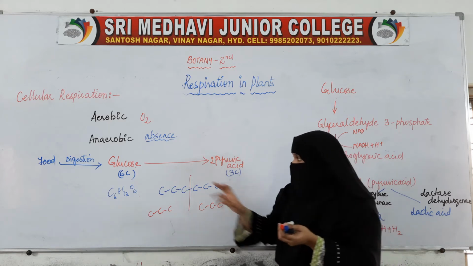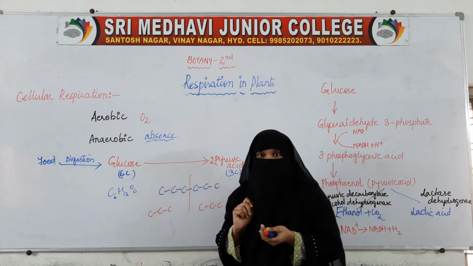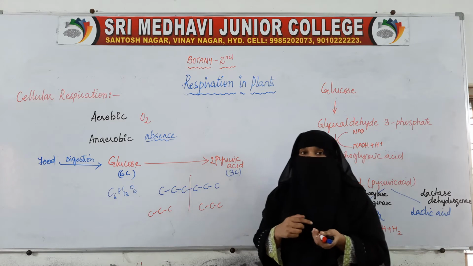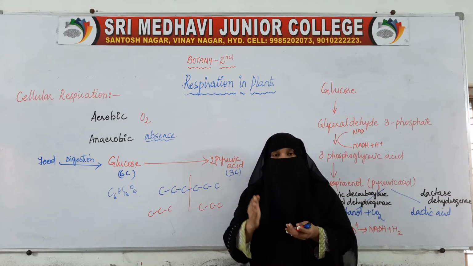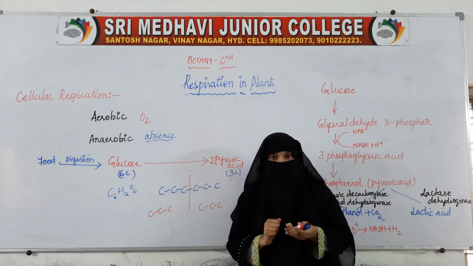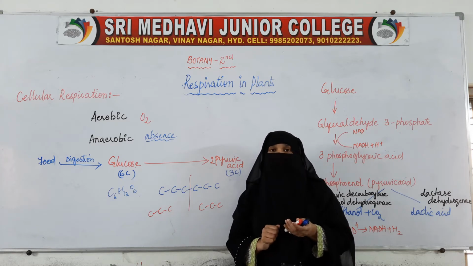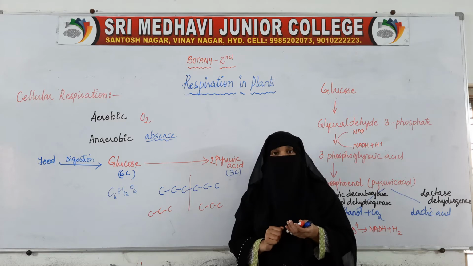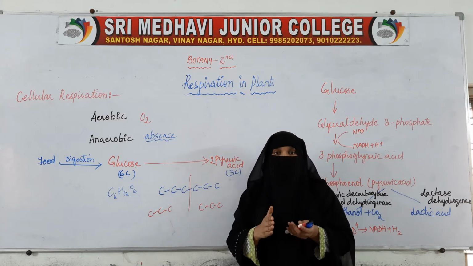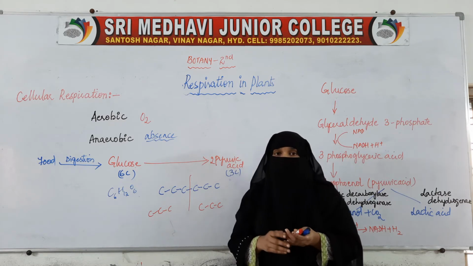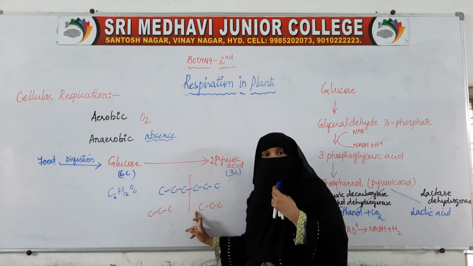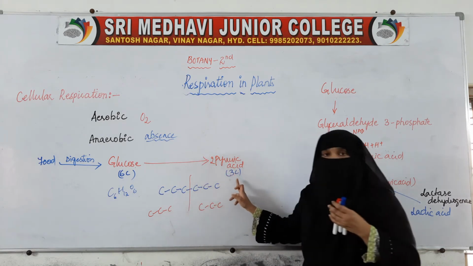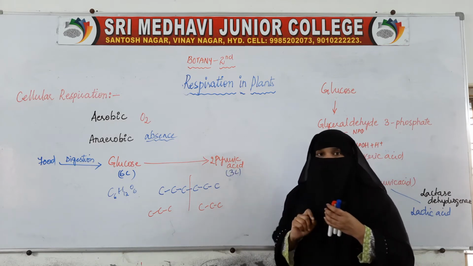In this step of respiration, oxygen is not utilized. The glucose which is taken by the cell will break down inside the cell into 2 molecules of 3-carbon compound, that is pyruvic acid.